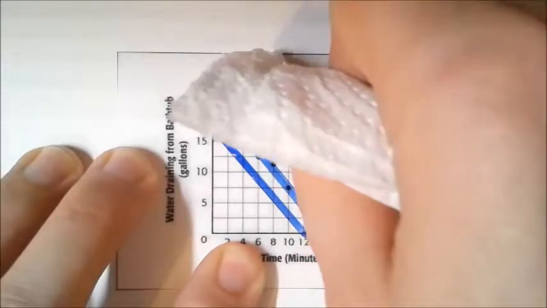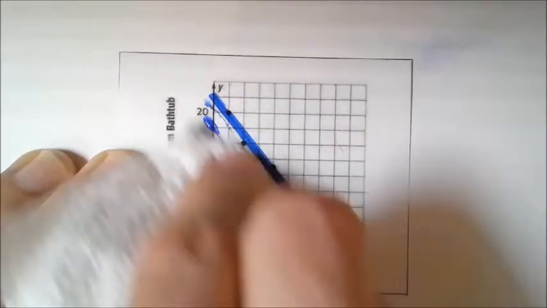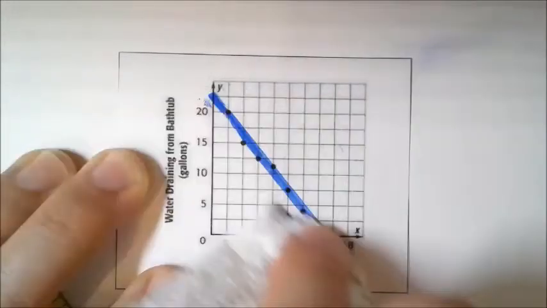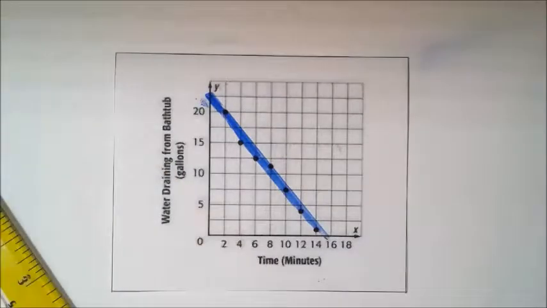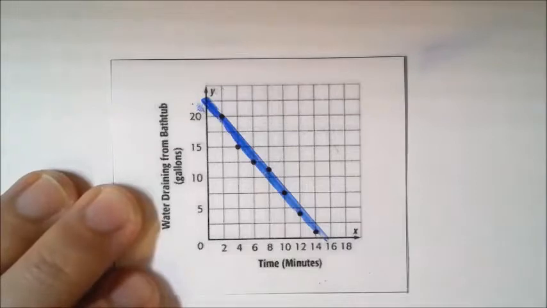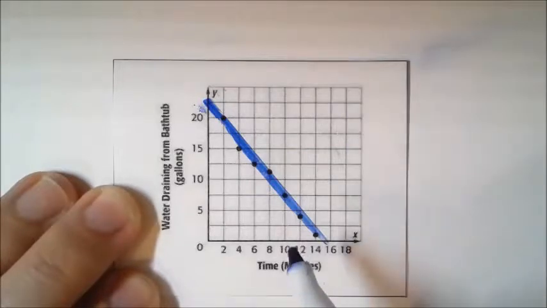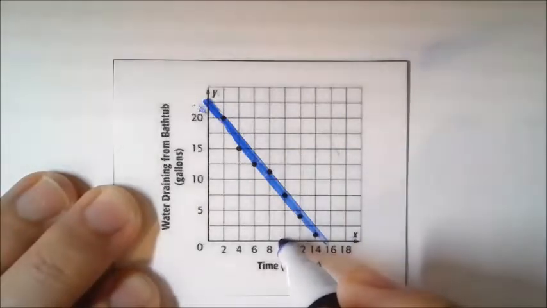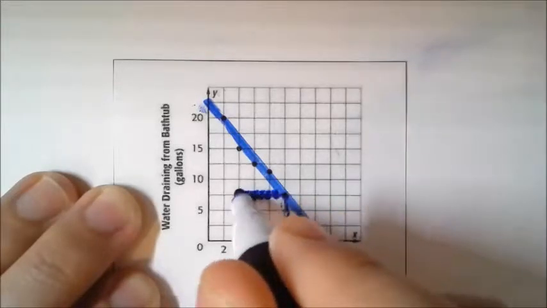I'm going to erase these lines now, and we're going to make a prediction and see what we come up with. For instance, if my question were to say the water is draining from a tub in a bathroom, at 10 minutes, how many gallons would be left? I could just go to 10, follow my 10 up until it hits my line, and then follow it over.